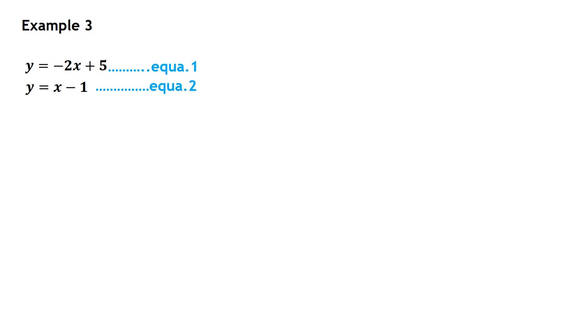We're going to take the expression in equation 2 and substitute it in equation 1. The expression says y equals x minus 1. So wherever there's y in equation 1, we're going to substitute x minus 1, because we've got something that represents the y variable there, which is x minus 1 as an expression.